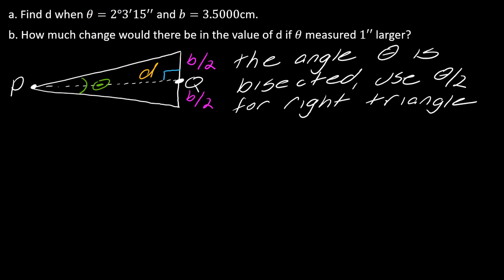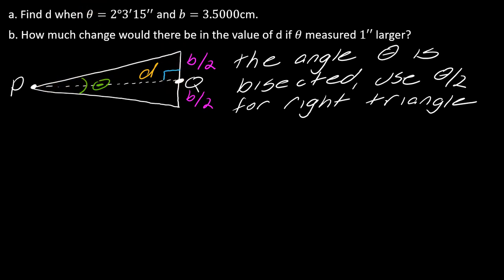Okay, so the angle theta here is being bisected, so we can use theta over 2. Notice that I've really got a right triangle going like this. This part here is how we're going to figure out d. Even though I have all of these pieces, I really just need to focus on this little triangle.